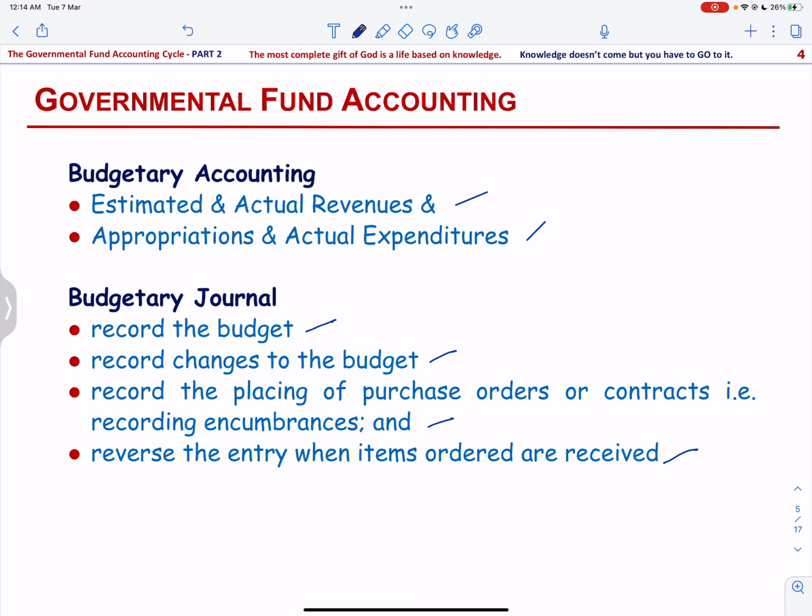So the objective of this video is to demonstrate the relationship between budgetary and financial accounting and reporting. Yet another objective is to describe the full accounting and financial reporting cycle from recording transactions and events to preparing financial statements and ultimately to closing the books.